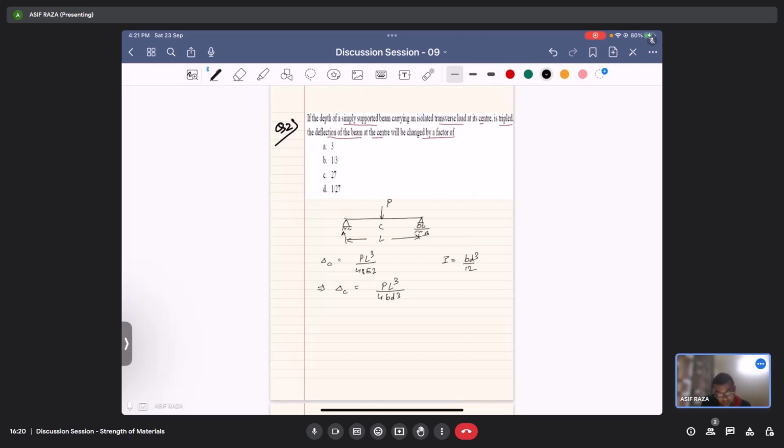Now we change the depth. If the depth of the beam is tripled, PL cube by 4b, its depth is tripled, that is 3d cube, so it will be PL cube upon 27 times 4 bd cube. So delta C upon 27.